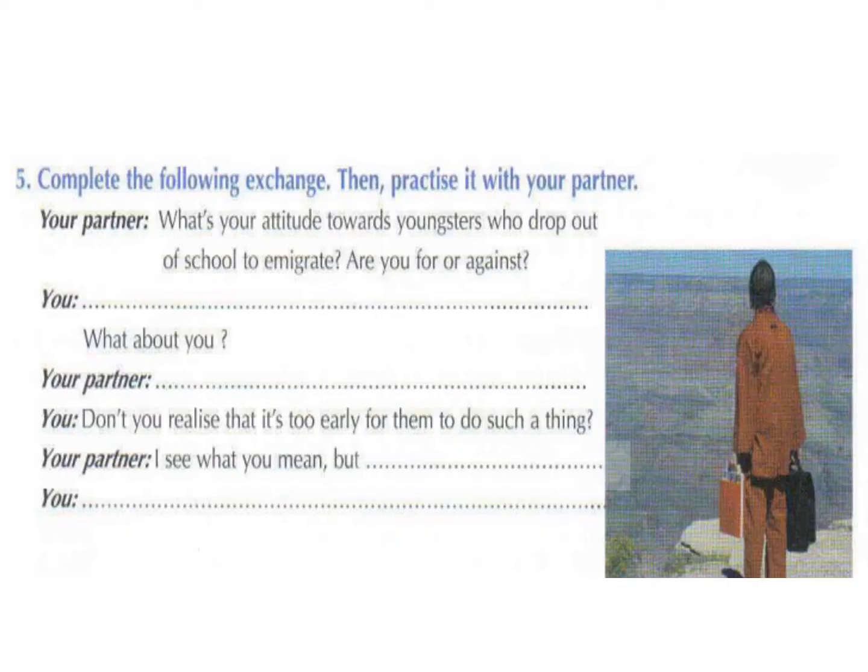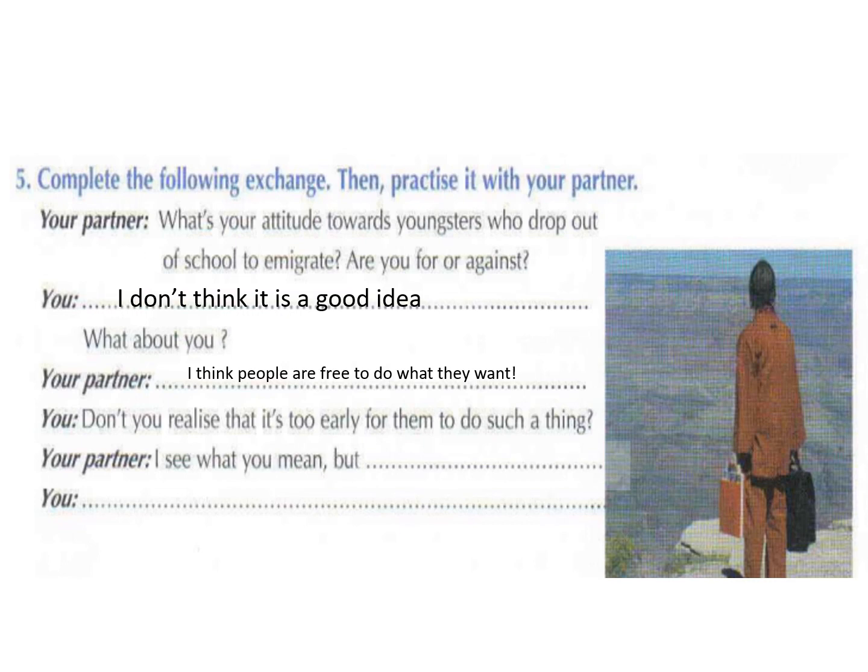Now, this is another exercise in which you have to complete the following exchange, then practice it with your partner. Let's practice it together. For example, your partner says, "What's your attitude towards youngsters who drop out of school to emigrate? Are you for or against?" You may say, "I don't think it's a good idea. What about you?" Your partner may say, "I think people are free to do what they want."